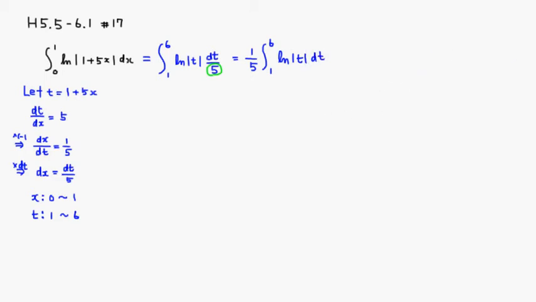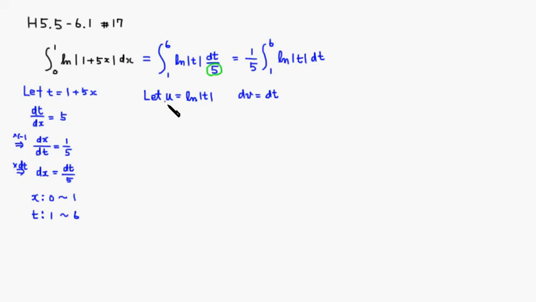All right, then we do integration by parts. Let's see, we're going to let u be natural log of absolute value of t, and let dv be dt.